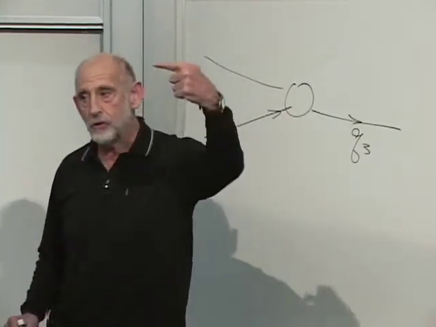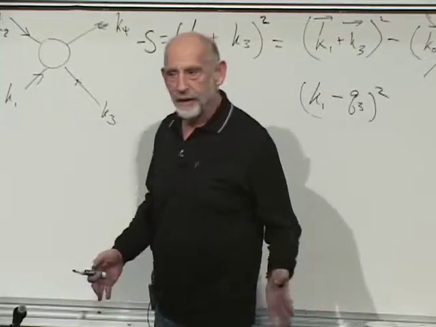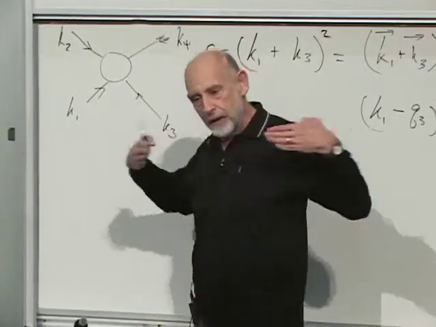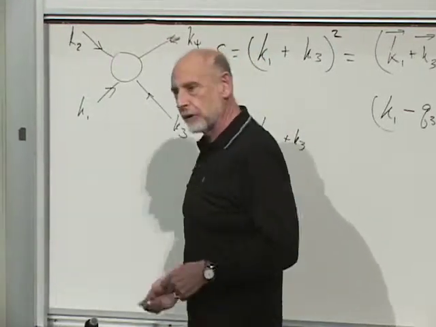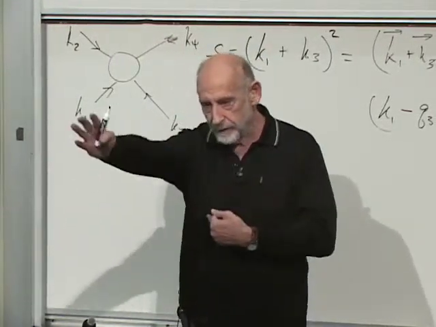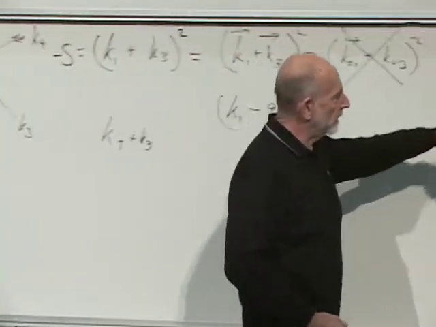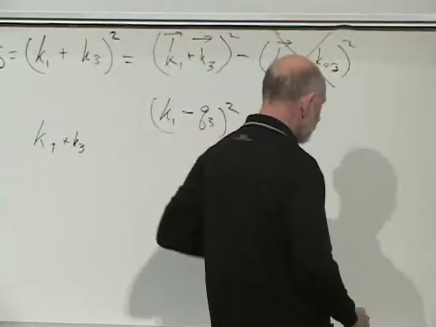If you were to think of particle 1 and particle 3 as the same species of particle, then in the collision it's the momentum transferred from 1 to 3. That's what this is, momentum transfer.